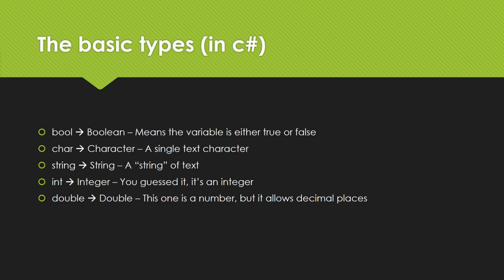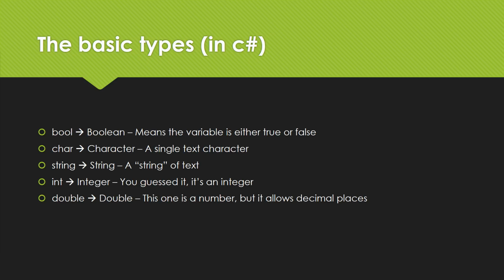So you may have to do a little research on that. You might come across a few differences, but generally it's not going to be a big deal. So again, the five that I want you to focus on for now are bool or boolean, char or character, string, which is string, int, which is an integer, and then double, which is double.